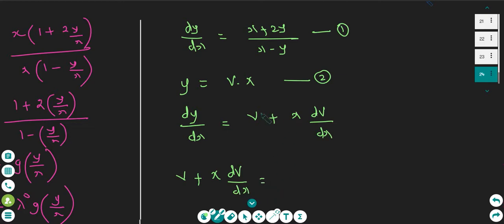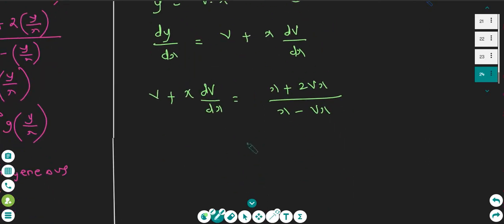Since y equals vx, I have to replace all y with vx. So this becomes x plus 2vx divided by x minus vx. Now I can factor x from the numerator and denominator, and I get x times 1 plus 2v divided by x times 1 minus v.